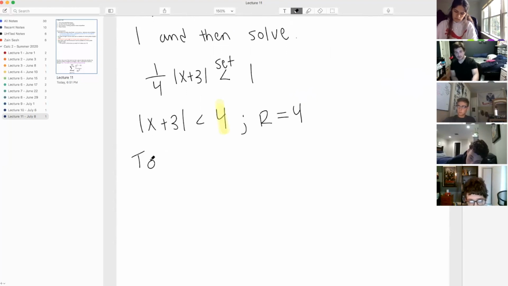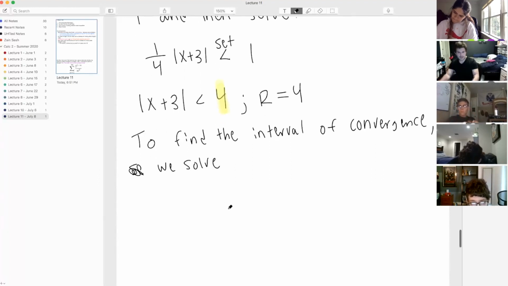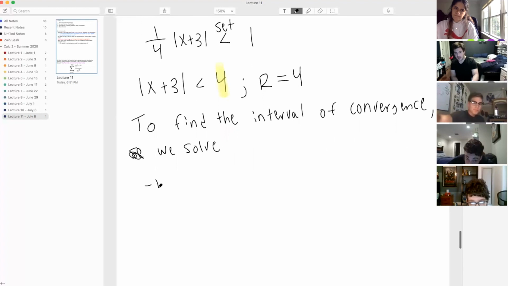All right, now to find the interval of convergence, we solve. Okay, so this is just now -4 < x + 3 < 4.